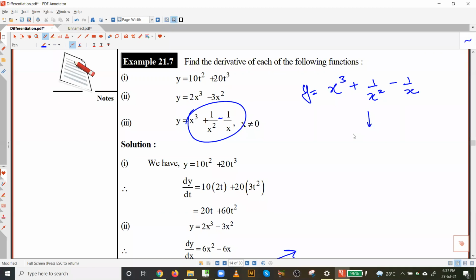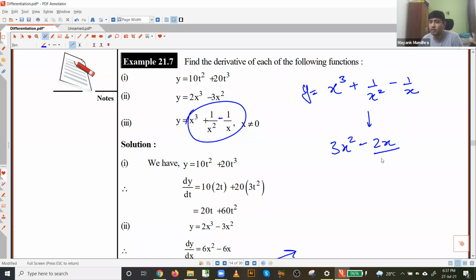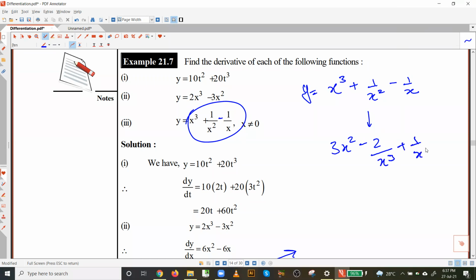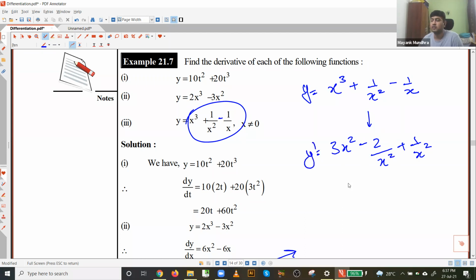So is it 3x square minus 2 upon x cube plus 1 upon x square? Okay, so that is Kanishka's answer. We'll wait for Kashish and Vama if she's with us. So minus 2 upon x cube. Yes, sir.